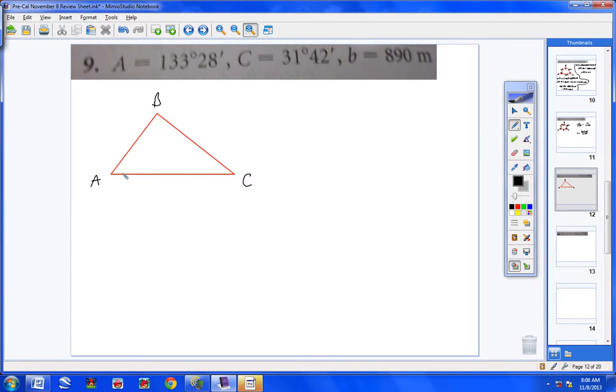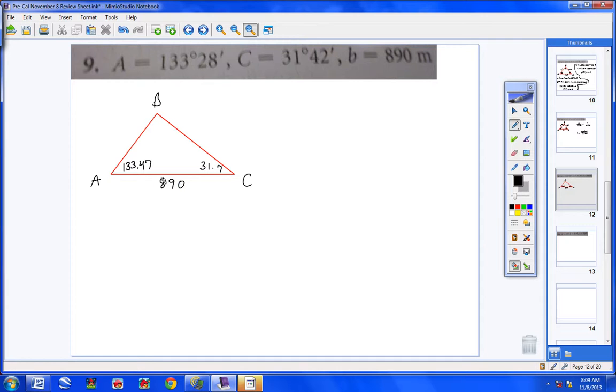So we're looking at 133.47, and angle C would be 31.7 degrees. If we convert that over to decimals, 31.7, and then side B is 890.